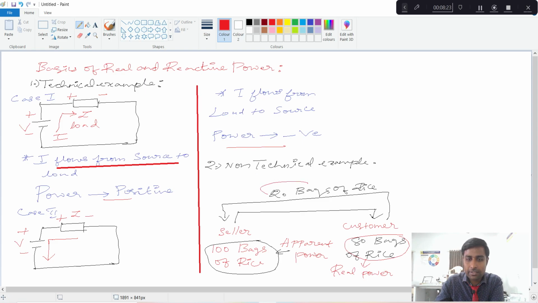And these 20 bags of rice, I can relate it to reactive power.